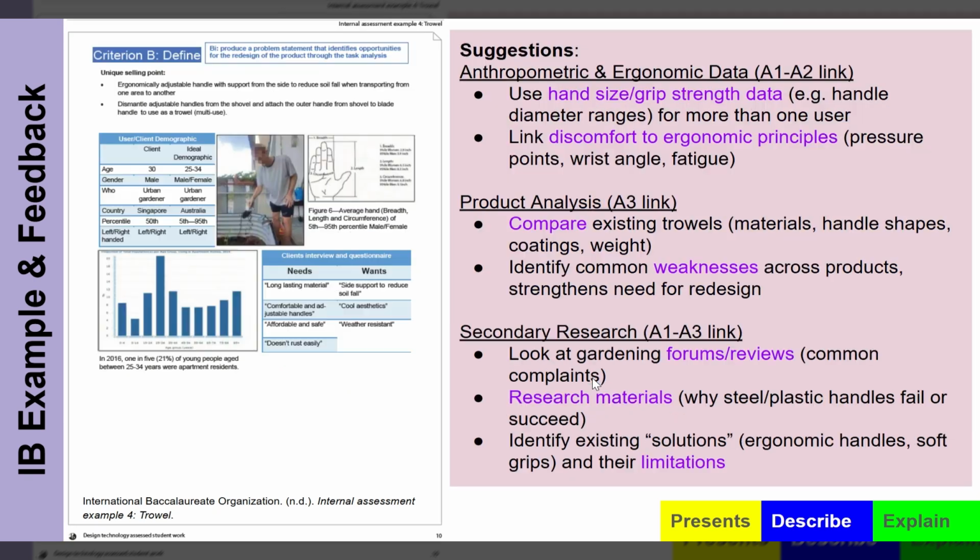They could have researched materials, why steel and plastic handles fail or succeed, and then identified existing solutions and their limitations. Okay, so essentially this is all work that they should have done in criterion A, and that would have helped them to potentially get 6 out of 6 or 5 out of 6 for their criterion B1.